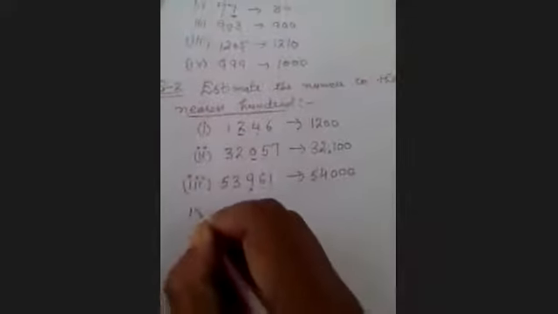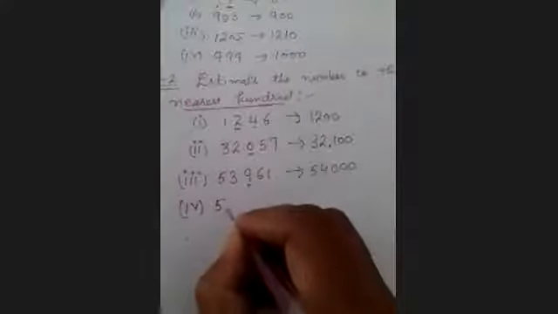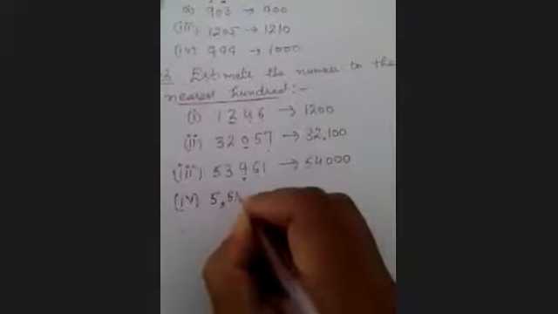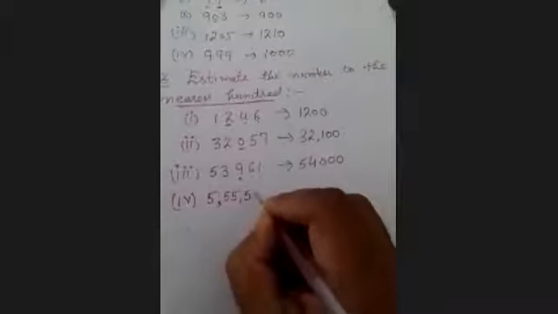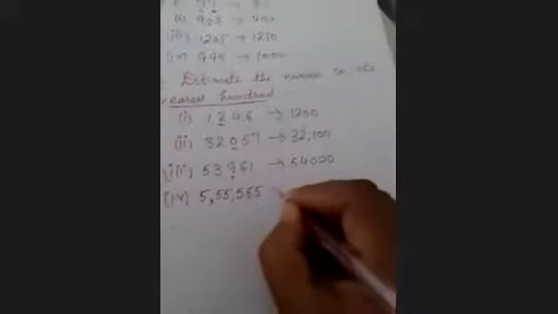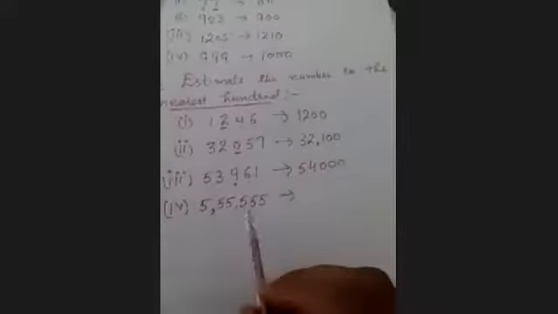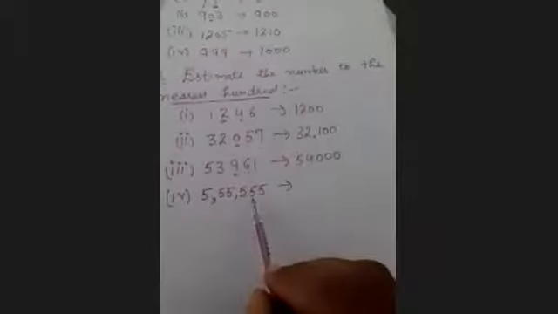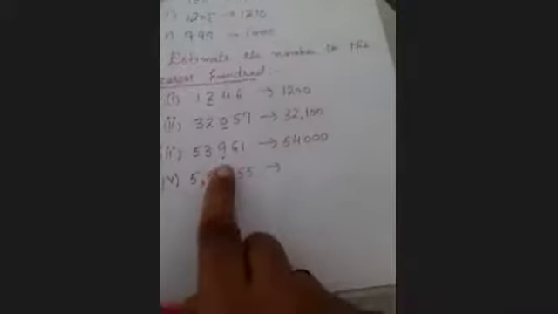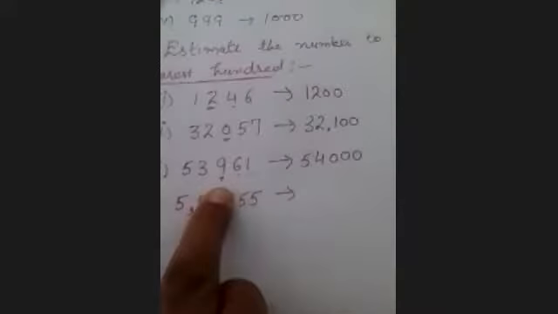Now the next part is the fourth part, 5,55,555. Now round off the number to the nearest hundred. Yes, friends, ones, tens, hundred. Now observe the next number.